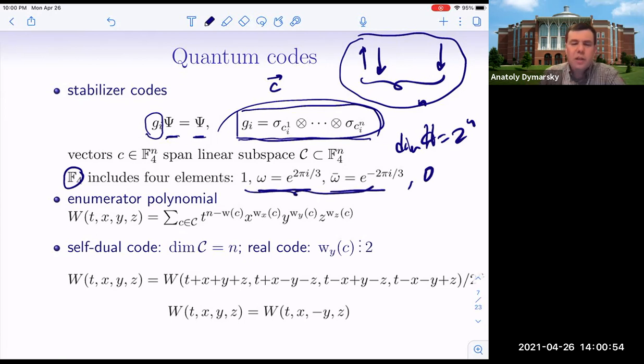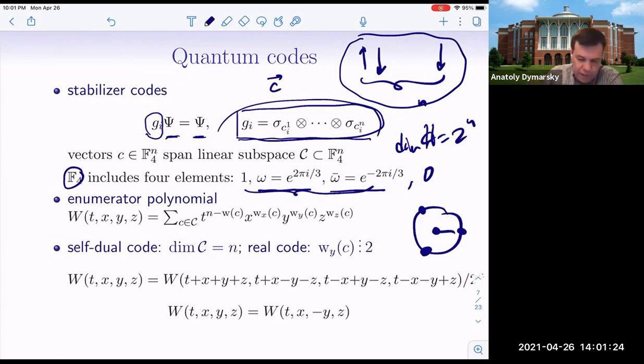Basically, these are the 3 roots of degree 3 of unity, right? You have 1 and then e to the 2 pi i divided by 3 and minus 2 pi i divided by 3. So you have 0 and 1 and these two numbers. There are 4 values. And apparently this is the correct structure to encode multiplication of Pauli matrices among themselves.